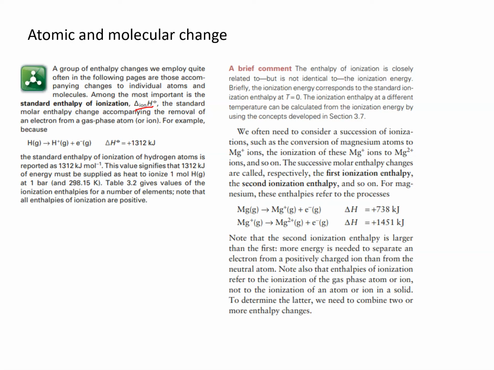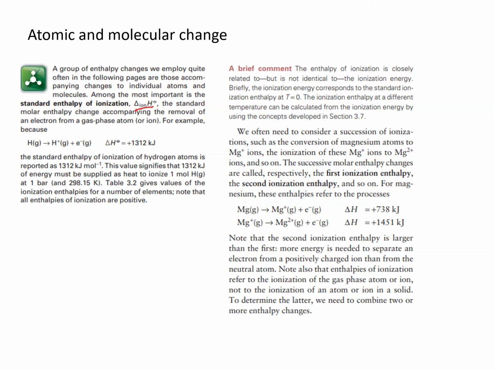Because of this hydrogen gas transitioning to cation plus electron at 1,312 kilojoules, the standard enthalpy of ionization of hydrogen atoms is reported as 1,312 kilojoules per mole.